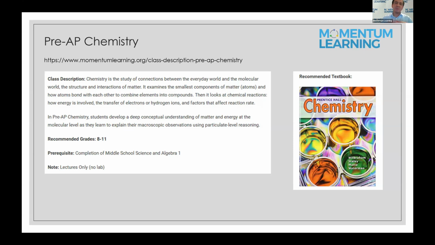Chemistry is very vast. We have so many branches of chemistry. We will not be going into details on things that are not necessary for AP chemistry. So this curriculum is focused on pre-AP, and that pre-AP curriculum will be aligned with the AP curriculum later on.